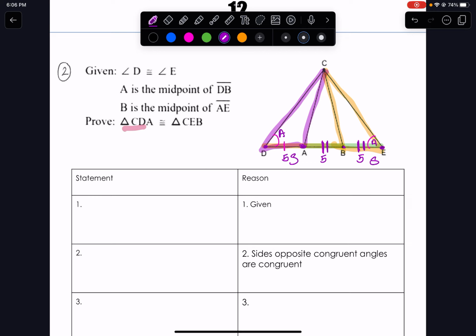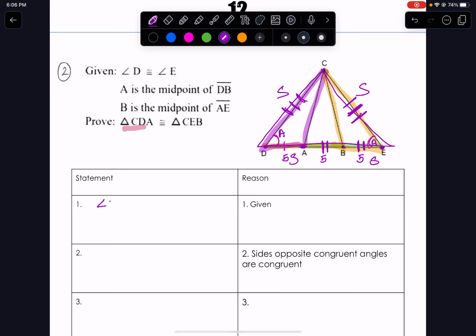Well, in a triangle, so we have triangle CDE, we have two congruent angles down here, two congruent base angles. Base angles are in an isosceles triangle, so you know that there must be two congruent sides opposite the congruent angles. That will give us our final side.